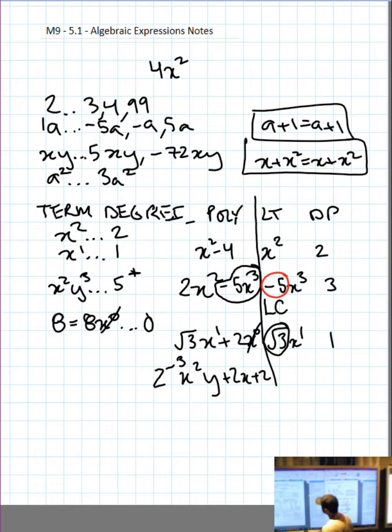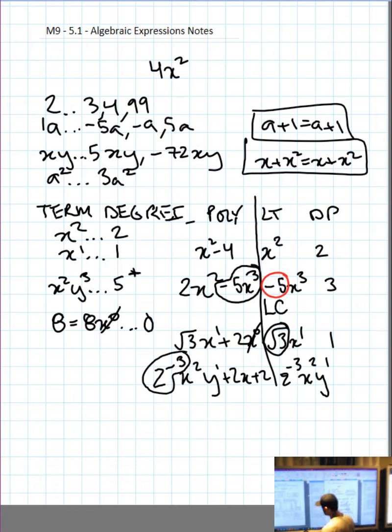Well, we have 2 to the negative 3. That's all by itself. That's a coefficient. Y has an exponent of 1. Therefore, the leading term is 2 to the negative 3 x squared y to the 1.